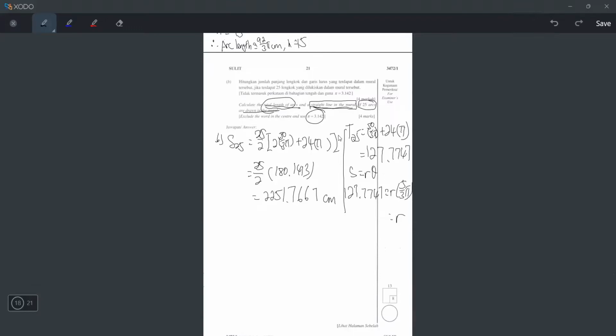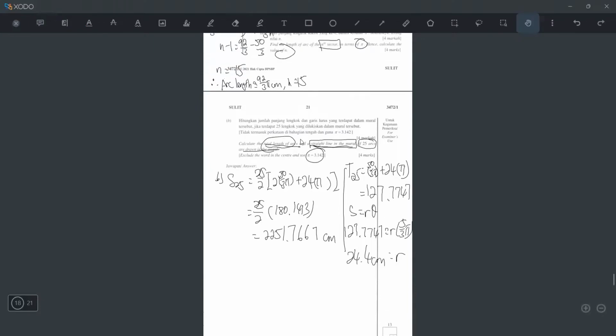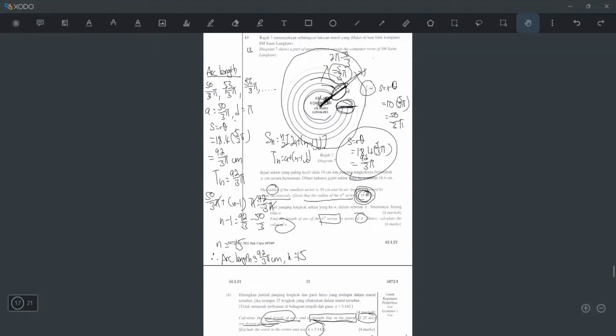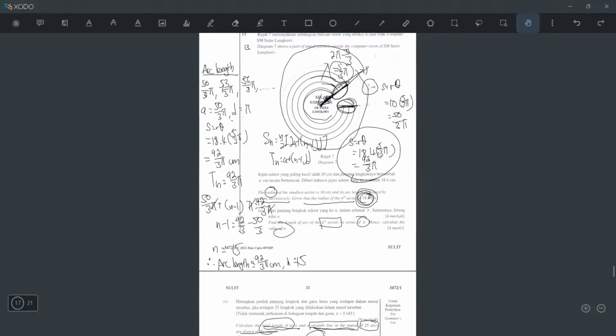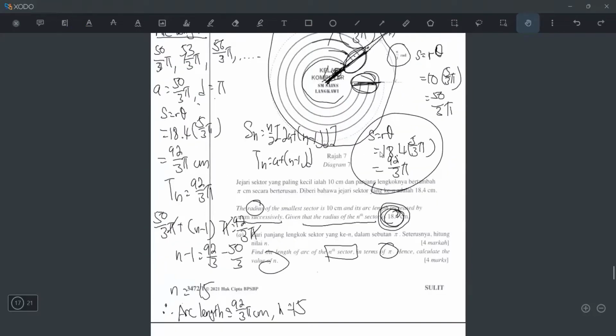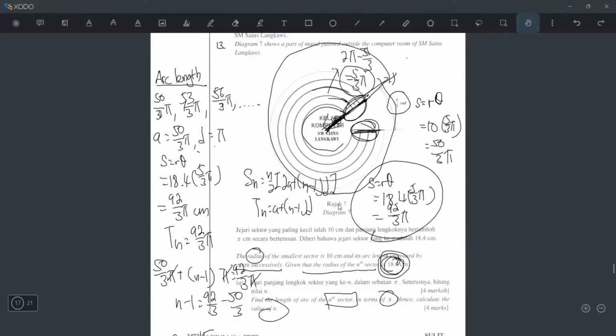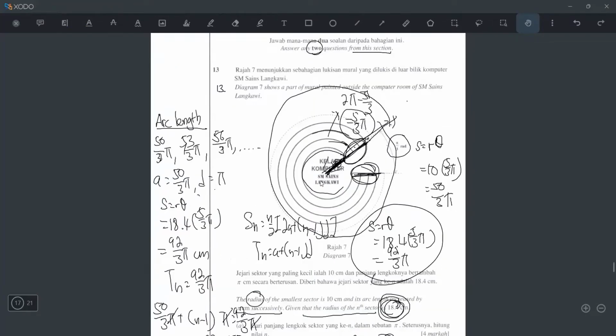Please remember to put the bracket. Okay, 24.4 cm. The radius for the biggest one is 24.4. But remember, you have to minus 10, times 2. Minus 10 because the line here does not include here, and times 2 because there are 2 lines.